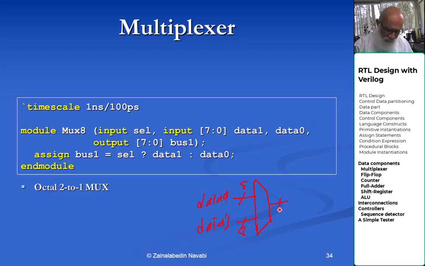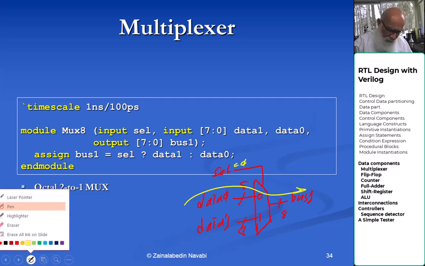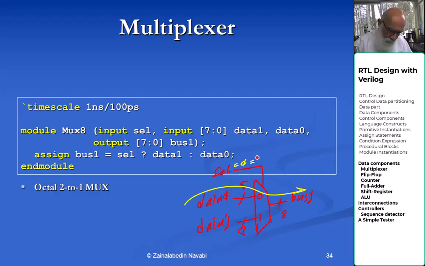The output is 8 bits, and then there is a select input and the output is called bus 1. Select input 0 puts A on the output, and select input being 1 puts the other input. So if this is 0, this goes on the output. If this is 1, this goes on the output.